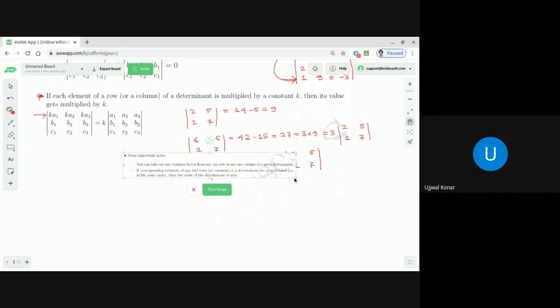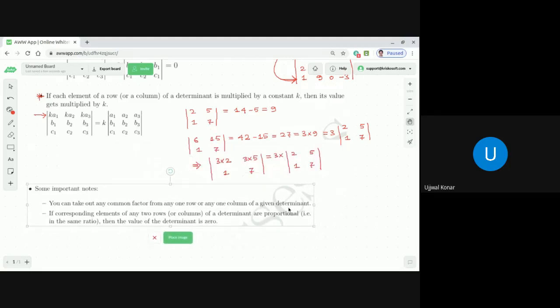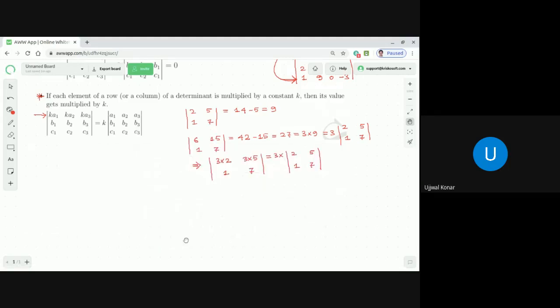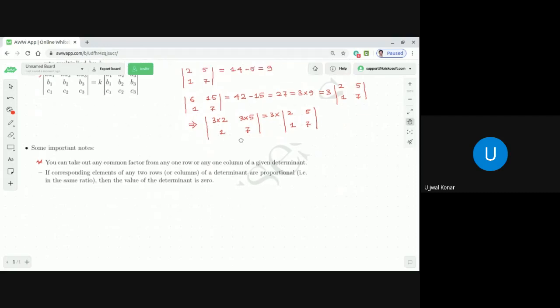The important note here, dear students, is that if you take out any common factor from any one row or any one column of a given determinant, which is unlike the matrix. So let me give an example.